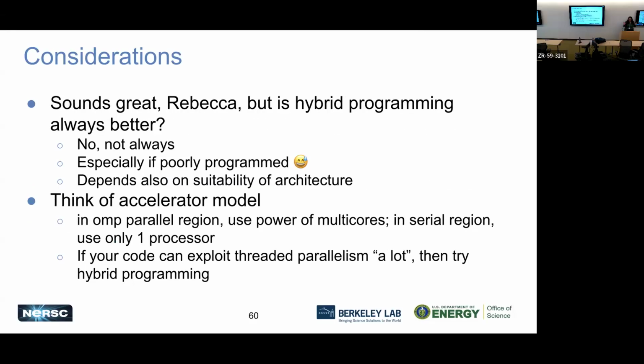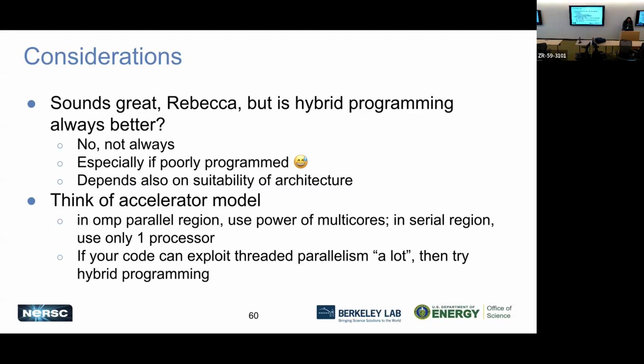Okay, so now that you're convinced this is great, but is it always better to do it this way? And the answer is no, not always, especially if you program it poorly. It depends really on the suitability of the architecture and of the way that you are doing your algorithm.